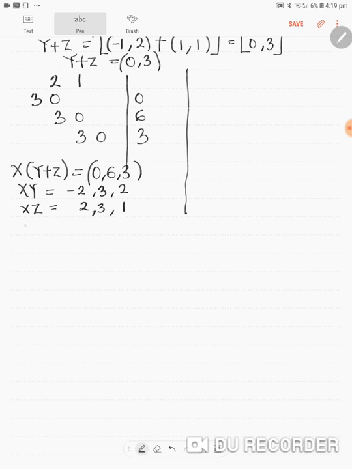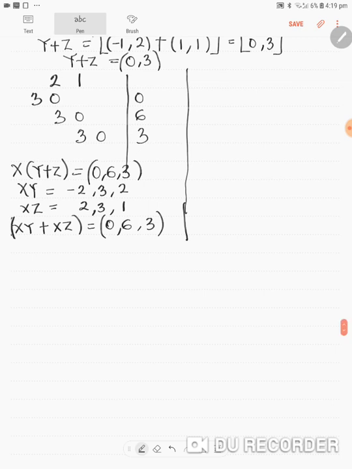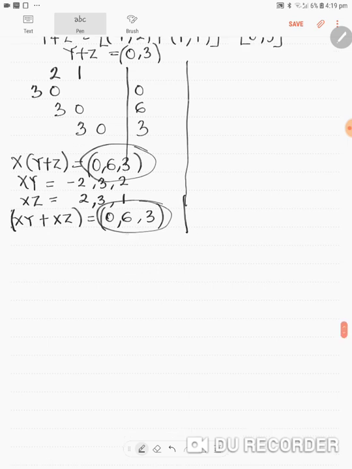So xy plus xz is equal to minus 2 plus 2, that's 0, 3 plus 3, that's 6, 2 plus 1, 3. So we can see that distributive law is obeyed for this case, because the values are the same here and here.